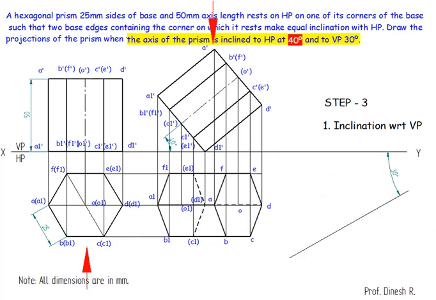So now I'll go for finding the true length. He has given the true inclination of the axis, which is equal to 30 degrees. So we know the true length of the axis is 50.